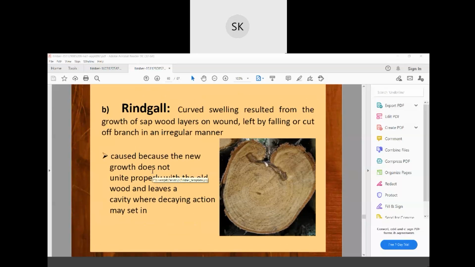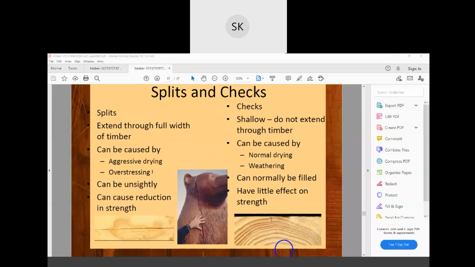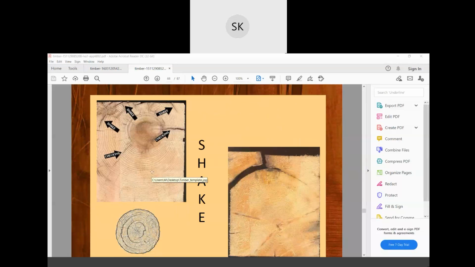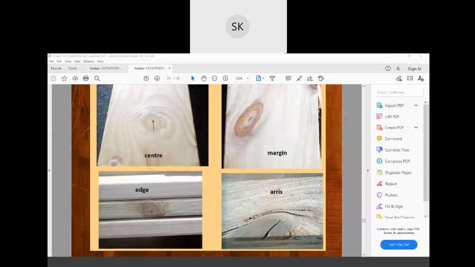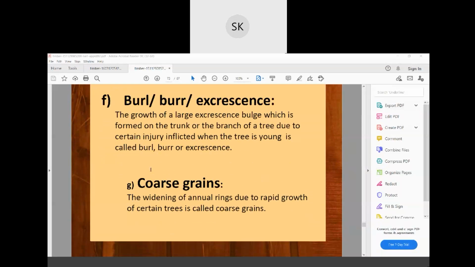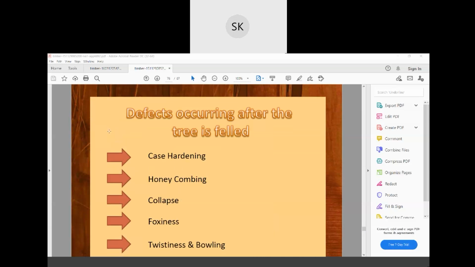These are different knots: ring gull, checking, splits and checks, and shake. So these are all the natural defects which occur in the tree due to various reasons as discussed in this PDF. Now, these are the defects occurring after the trees fell.